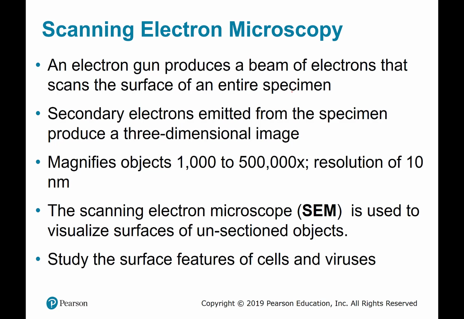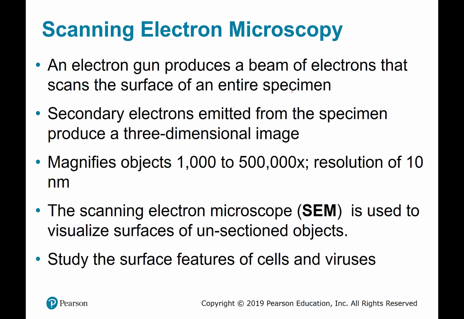They are then going to be amplified, and you'll use a special screen to capture that image. And with scanning electron microscopes, you're going to produce a 3D image, and you will be able to visualize surface features of intact cells or intact viruses. So you don't have to take thin sections, so you can just visualize surface features.